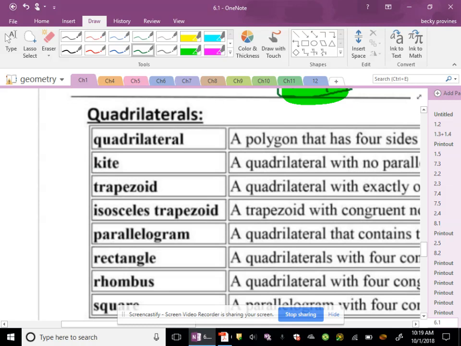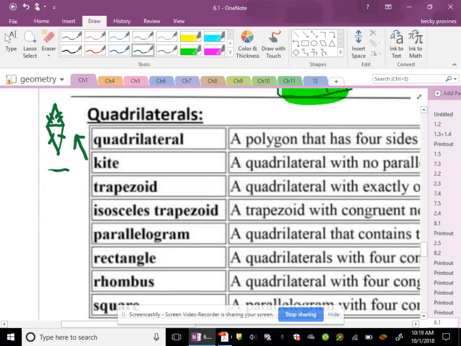A kite. So I'm going to draw the kite up here. A kite is like an equilateral triangle on top and then a different equilateral triangle on the bottom. So it really looks like a real kite. So the way I always remember is it's an equilateral triangle on top, a different one on the bottom. A trapezoid.